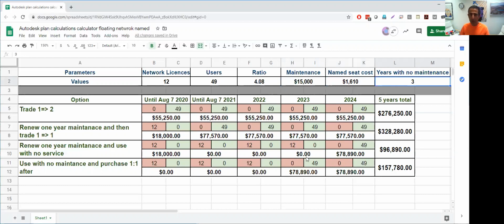Now, I will go through the model again very shortly to explain. So we have 4 different options. One is to trade 1 to 2. This is until August 7, 2020. Or renew the maintenance for 1 year for a penalty of an additional 20%, and then do the trade 1 to 1.